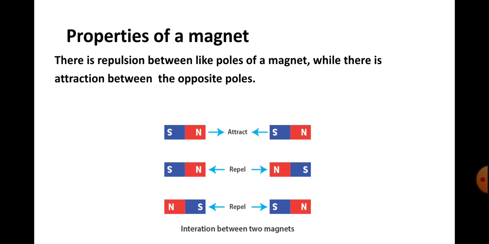But if we bring the same poles of magnets near each other, like north and north, or south and south, then we observe repulsion between the like poles. So the property: there is repulsion between like poles and attraction between opposite poles.